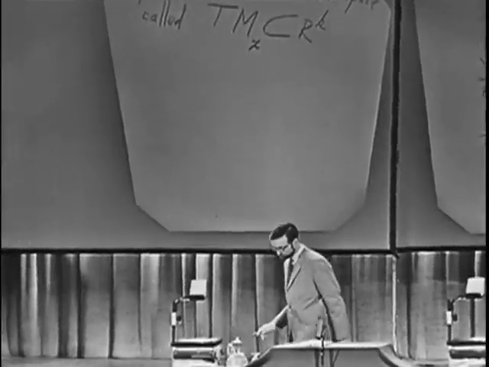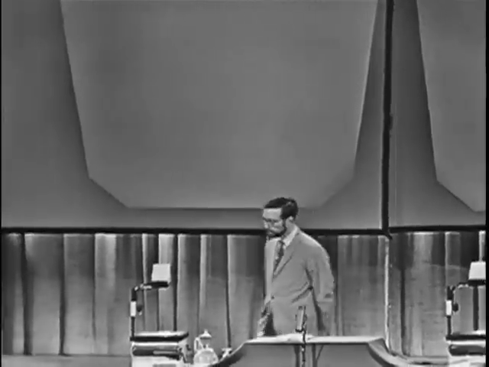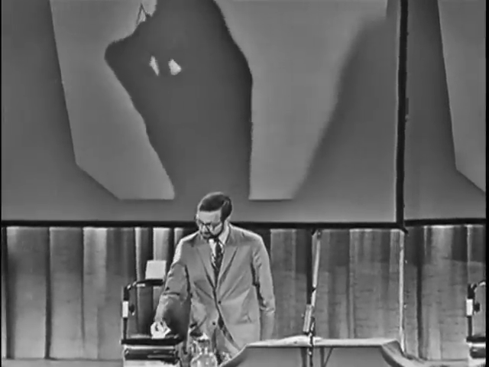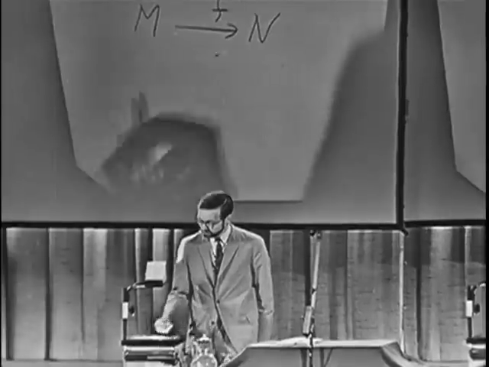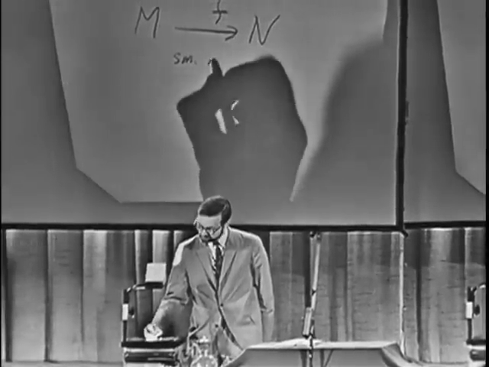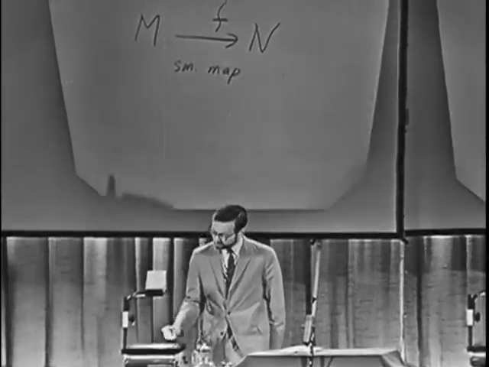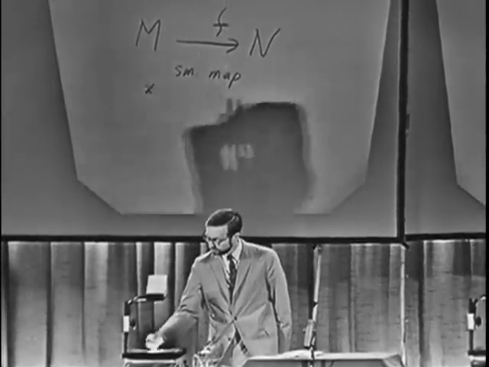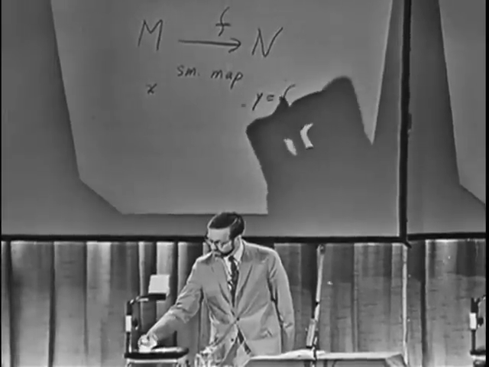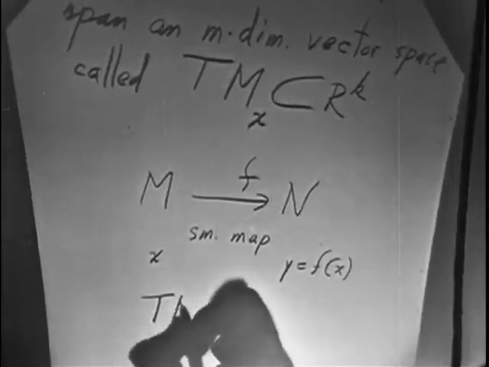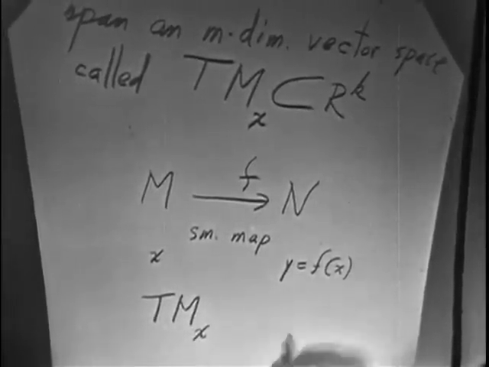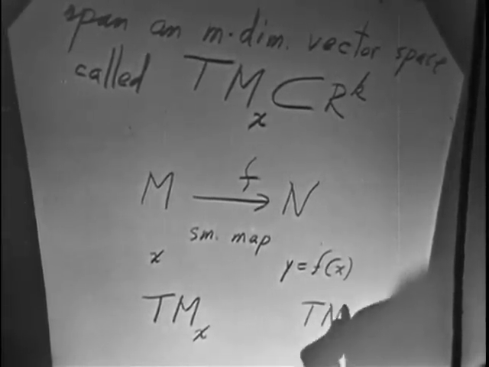And notice also that if we have any mapping, say from M to N, which should be a smooth mapping, and if we have a point x here and the corresponding point y equals f of x here, then there's a corresponding mapping from the tangent space of M to the tangent space of N.